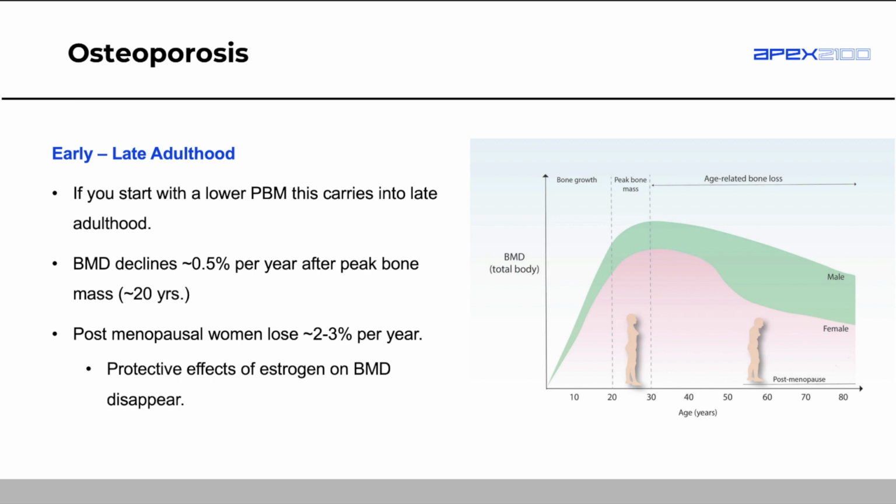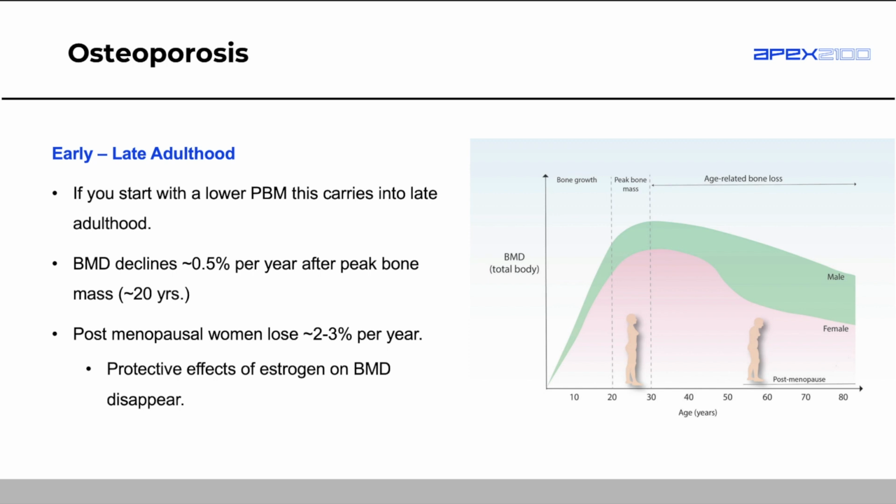So it's so important to take care of bone health during adolescence and early adulthood, because this loss of bone mass is inevitable. It's an inevitable process of aging, especially for women. So maximizing the bone mass during growth is essential.